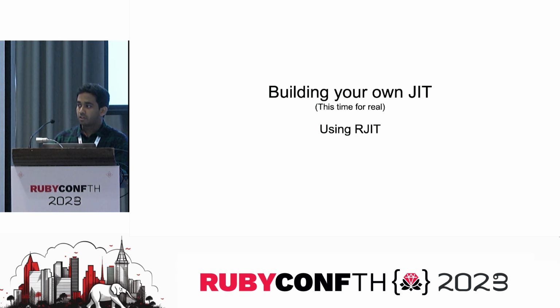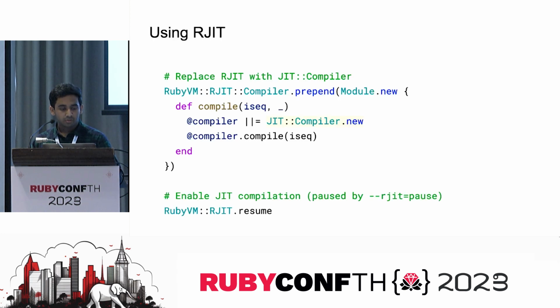Now let's take a look at how we can actually use these methods to build our JIT compiler. So I mentioned RJIT. Since RJIT is built in Ruby, we can use that to build our own JIT. Now let's actually do that. RJIT provides a couple of things here. What's happening here is that we are replacing RJIT's compiler with our own compiler class.